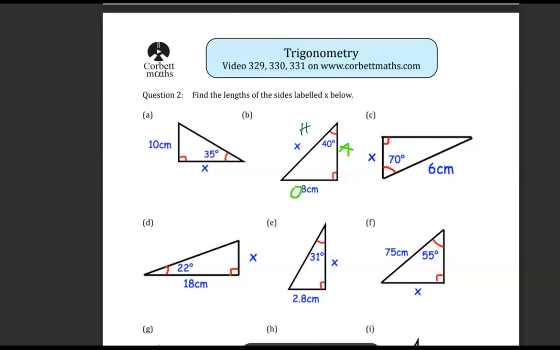Or would it be O and H because you're finding H? Yes. So then see about sin. Don't make it hard for yourself. So it's opposite and hypotenuse. Sin.